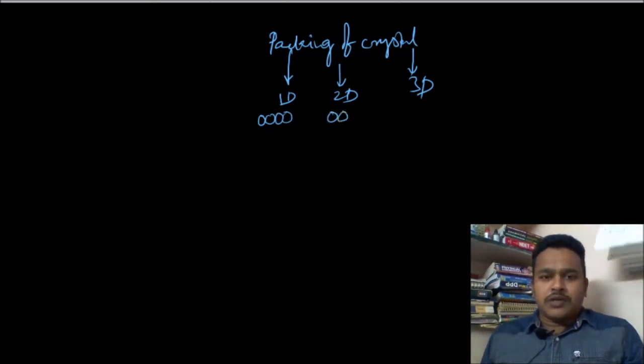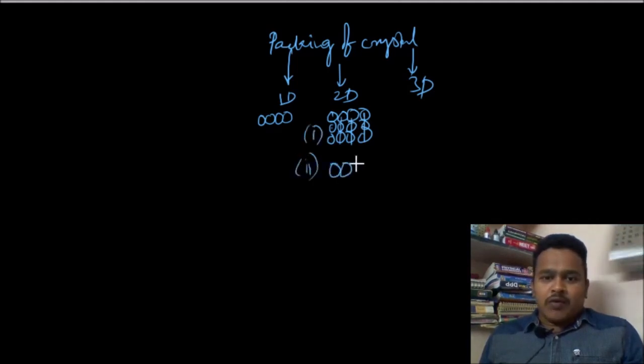Two dimensional means rows one above the other. In one type of arrangement, the centers of the rows exactly align. In the second arrangement, you arrange one row, then arrange the second row in the depressions of the first row, and the third row in the depressions of the second row.